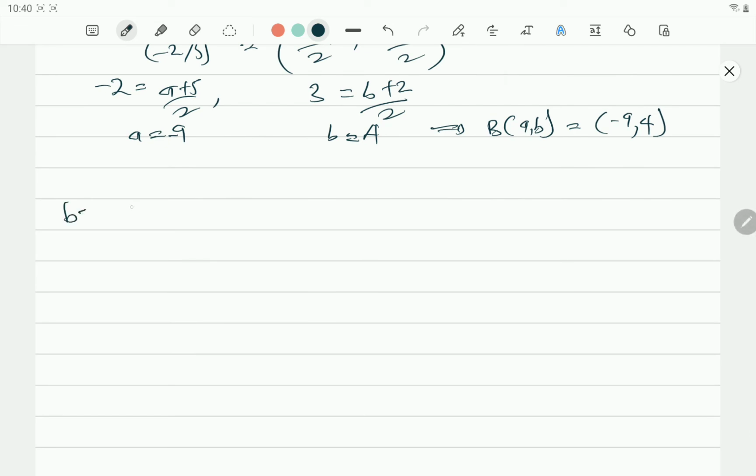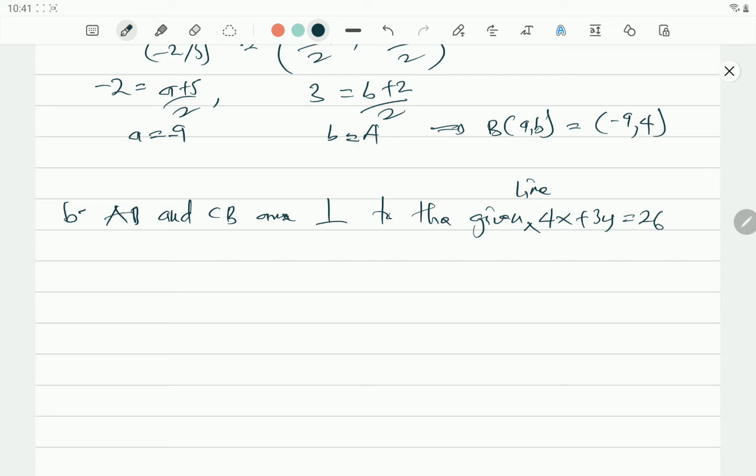So AB and CD are the perpendicular lines to the given line, which we know as 4x plus 3y equal to 26. So we have to find the equation of both AB and CD.